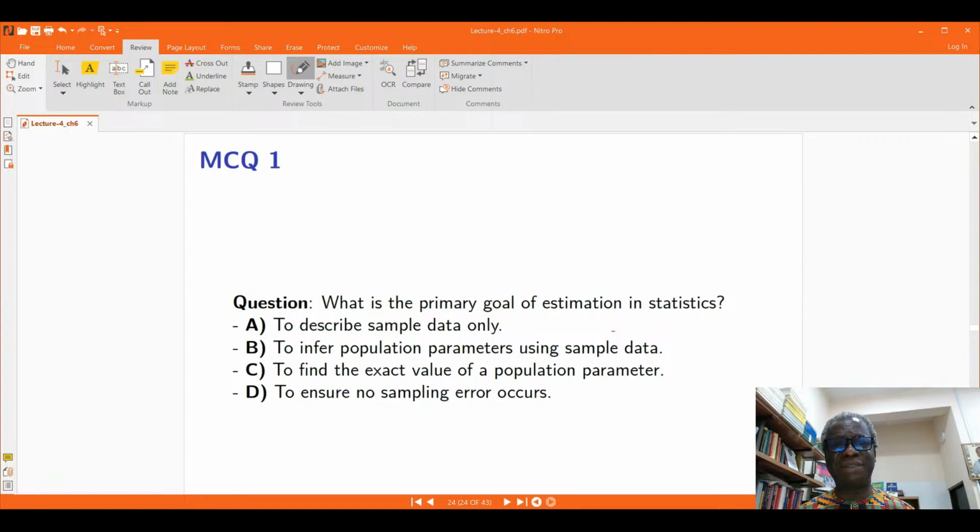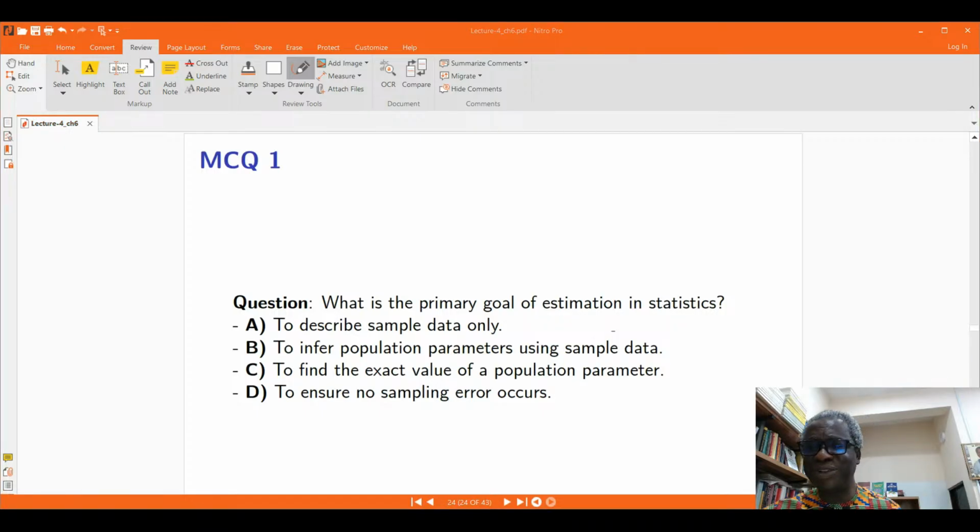B, to infer population parameters using sample data. C, to find the exact value of a population parameter. D, to ensure no sampling error occurs. What are your choices? Quickly, you have just a minute for that.